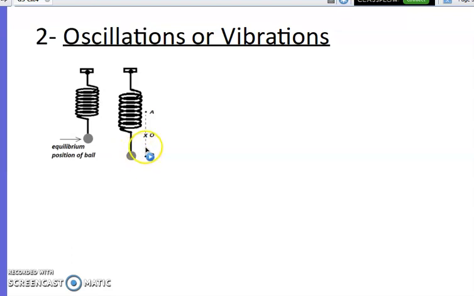Okay, clear? Now let's take another example. Here we have a swing or simple pendulum, where we have a string and a ball. Now the equilibrium position of the ball, let me call it point O, not C. Let me call this point O and this point C, as we did in the first figure.